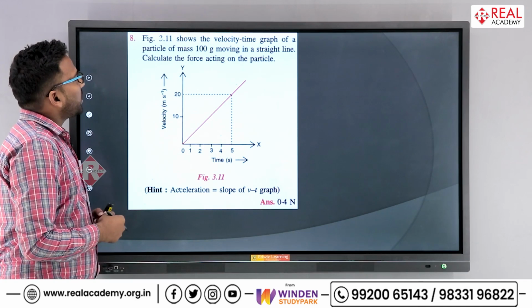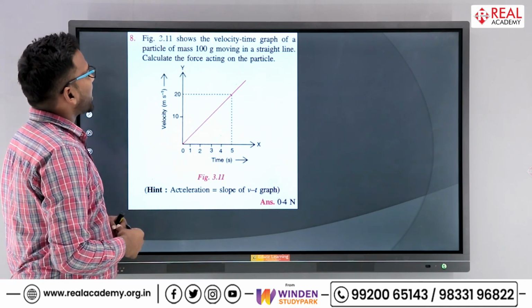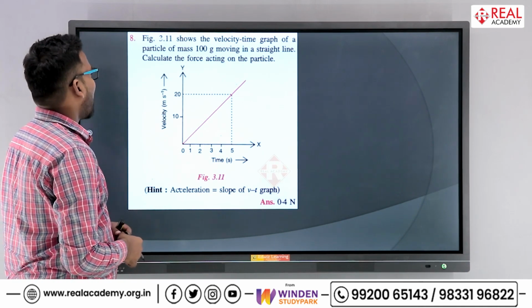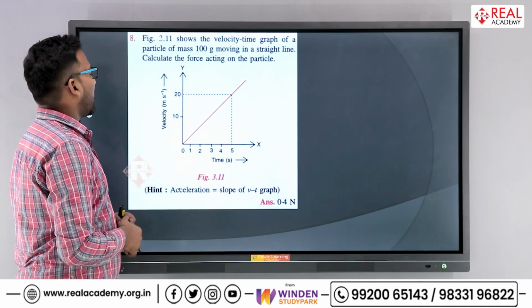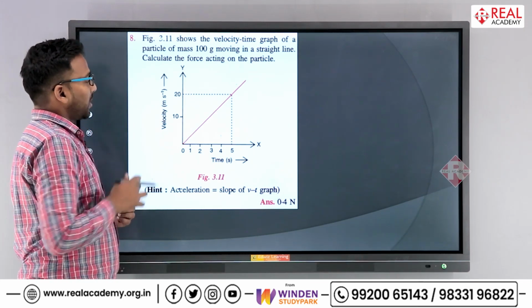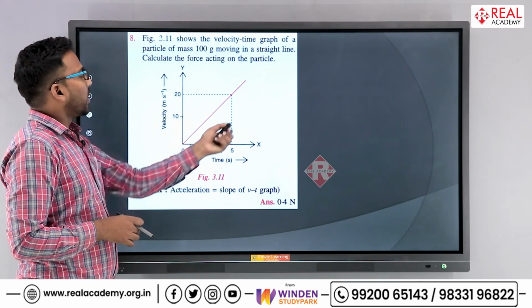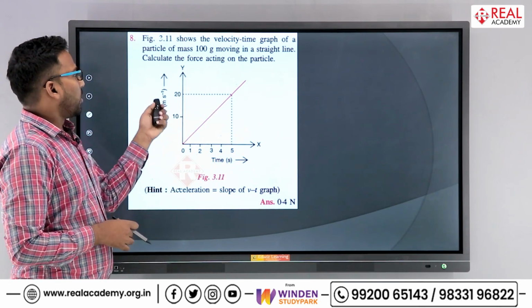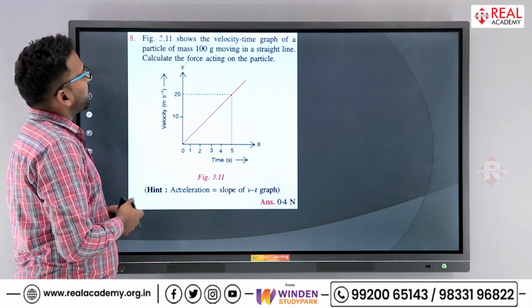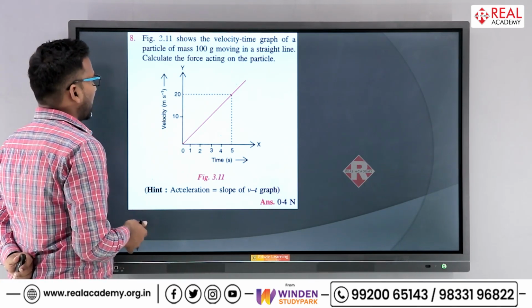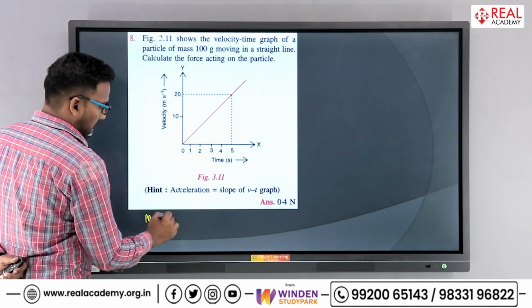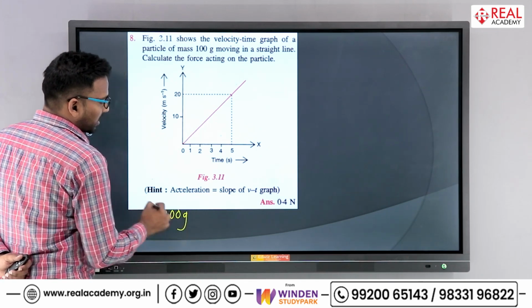8th question. Figure 3.11 shows the velocity time graph of a particle of mass 100 gram moving in a straight line. Calculate the force acting on the particle. Here they have given us a velocity versus time graph, and the mass of the particle, m is equal to 100 gram, but this is in CGS.